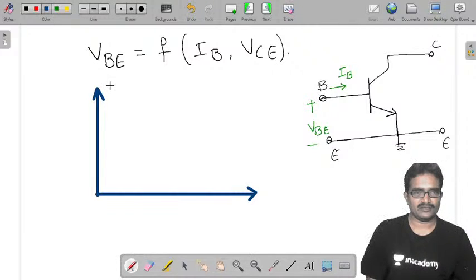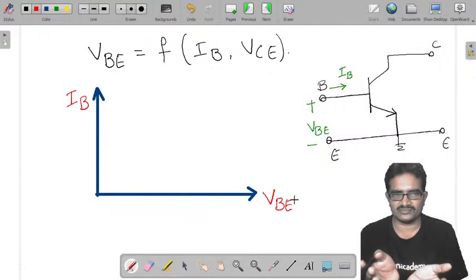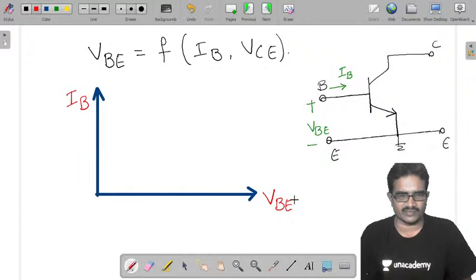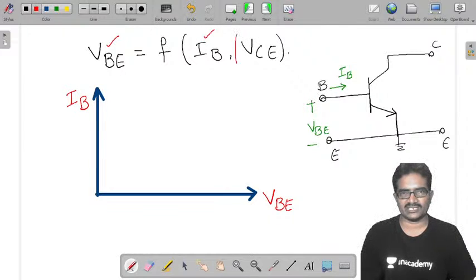This is the input current IB. This is input voltage VBE. See, everything is visible to you. No need to by heart anything. Now VBE, IB. The remaining parameter in this equation is output voltage VCE.